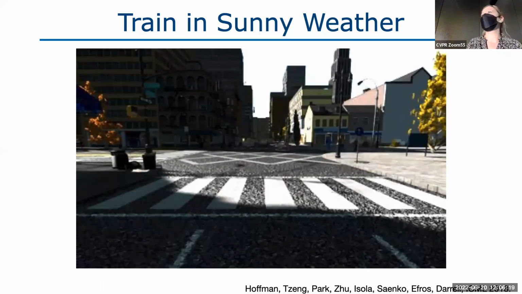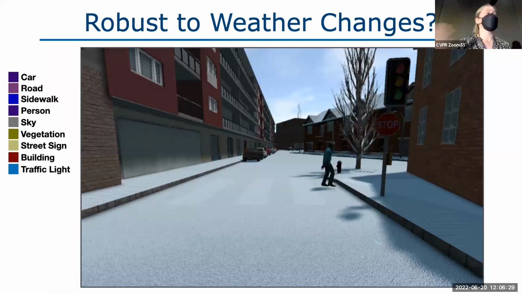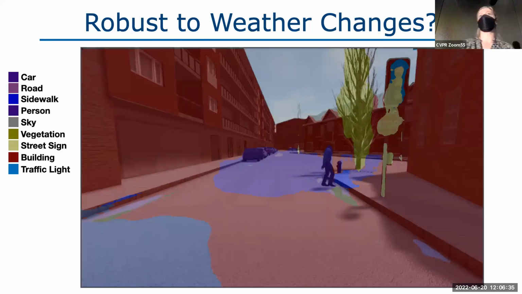You do your benchmark task, you evaluate performance in aggregate across, again, a distribution that's primarily sunny, and it seems to work well. But if we look at a single image from the snowy time, what we find is that this model fails to recognize a lot of the surfaces that have snow on them, like the road and the sidewalks. It's actually confusing them here with buildings.